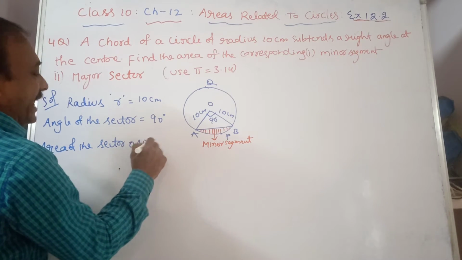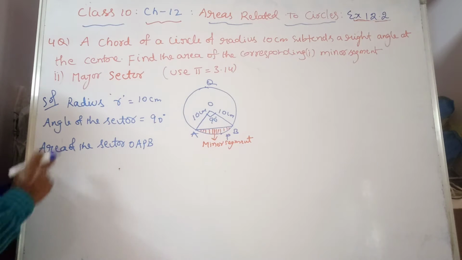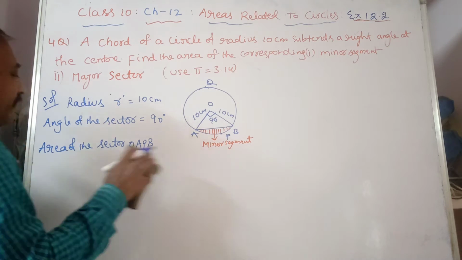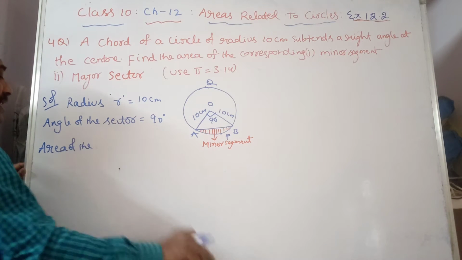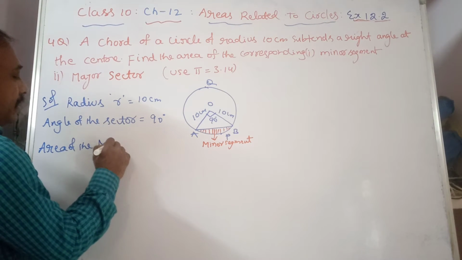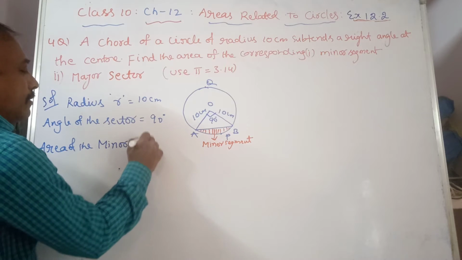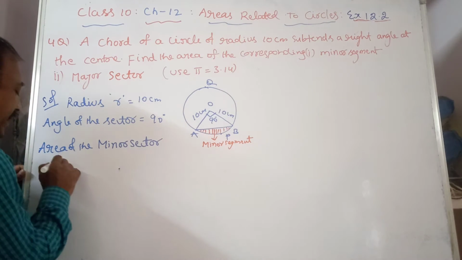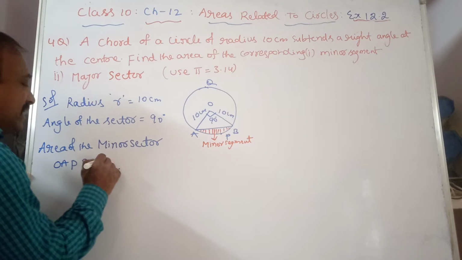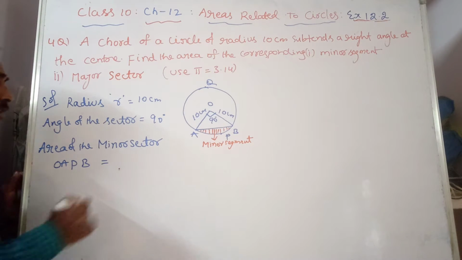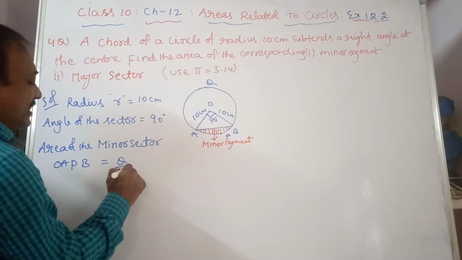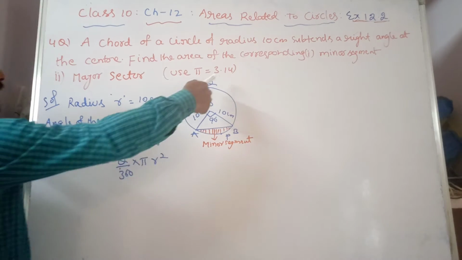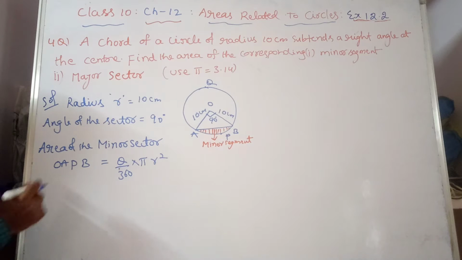OAPB, that means the minor sector. So we'll write the area of the minor sector OAPB, which is equal to, what is the sector formula? Theta by 360 into pi r square, and we use the pi value as 3.14.